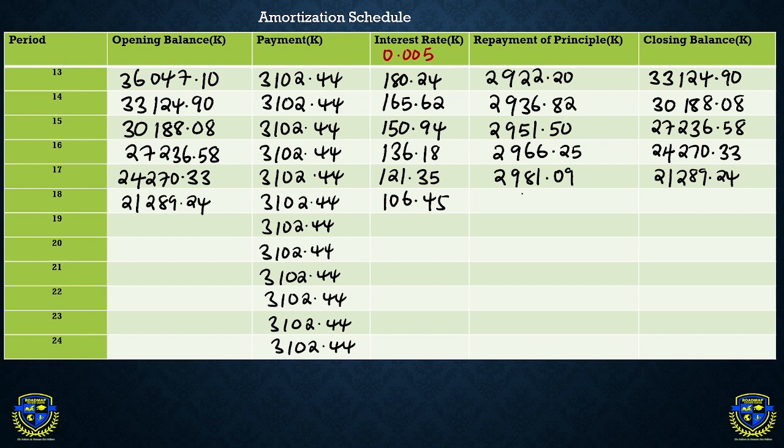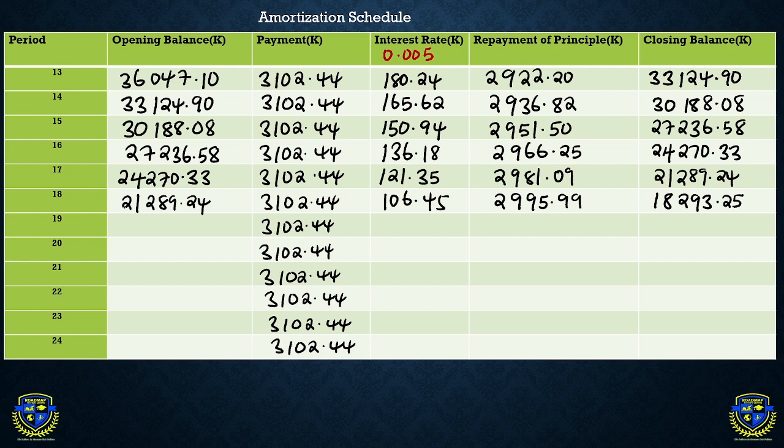of the principal of 2,995.99. Okay, subtracting the 2,995.99 from 21,289.24, that is going to give us 18,293.25, okay, which happens to be the closing.